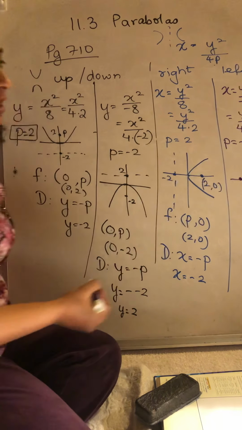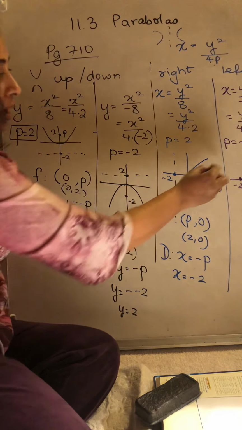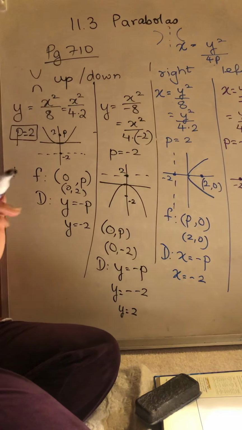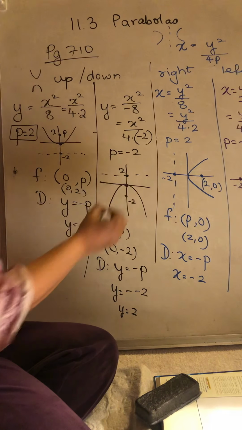So on this, I know my focus is here. We are talking only about parabolas whose vertex is at the origin. We are not going too much into the complicated cases.